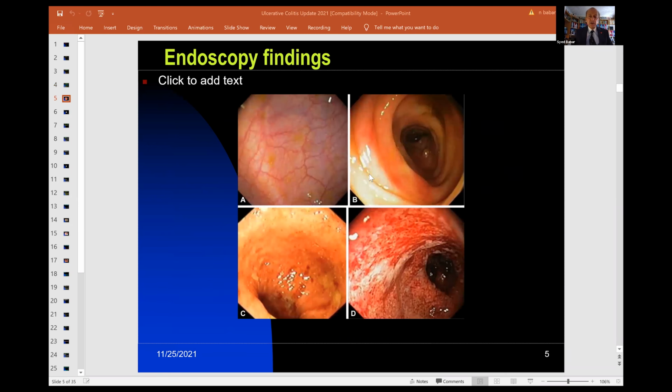So on endoscopy, you'd see striate capillaries through the mucosa into the lumen, and you would see intact areas without congestion or perforation. One stage further would show erythema, which would be in patches or continuous, and then this is followed by granule formation, and you could see granules in various parts here.